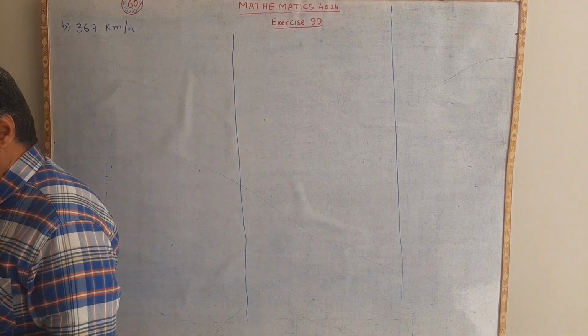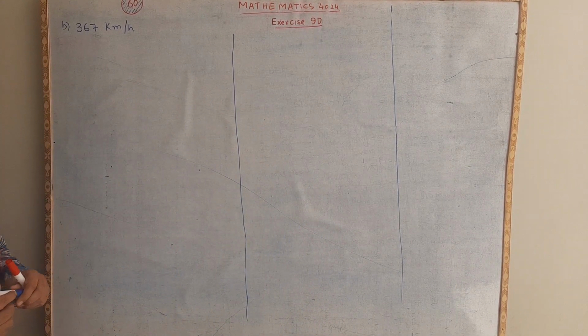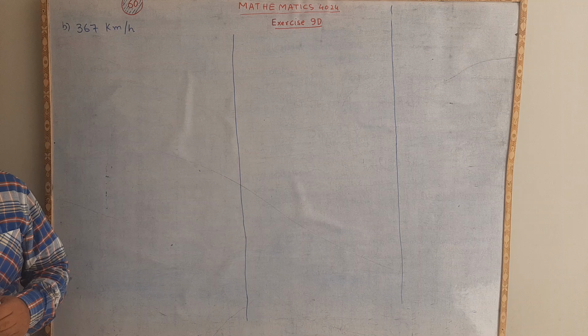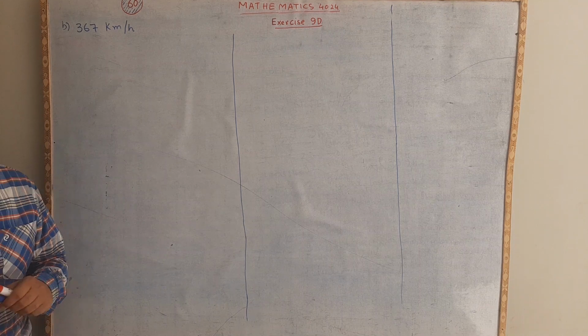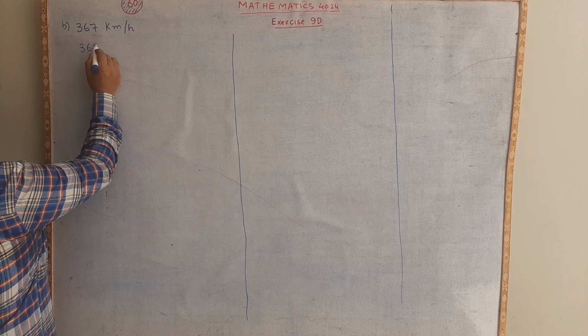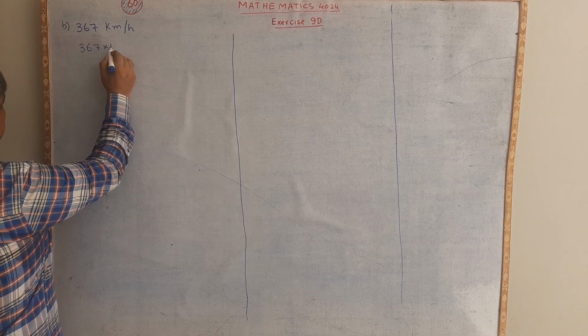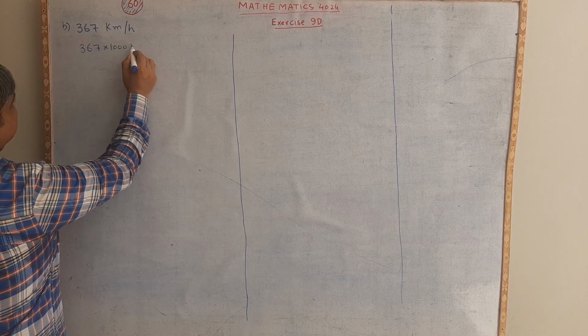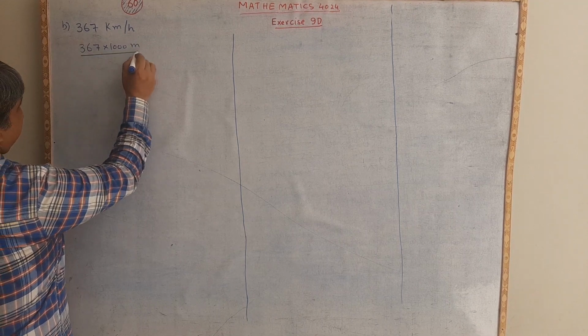Okay, the second part, B part, is given as 367 kilometer per hour. So we have to write 367 into 1000 meter per hour.